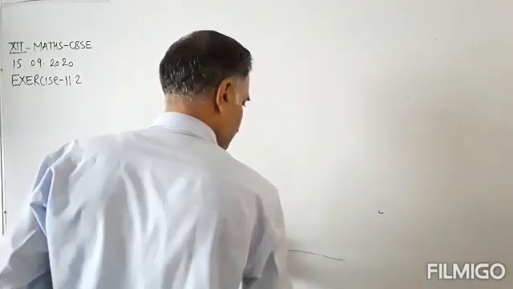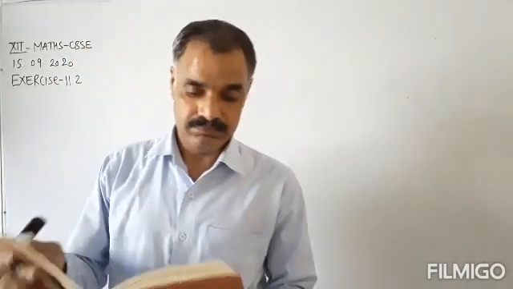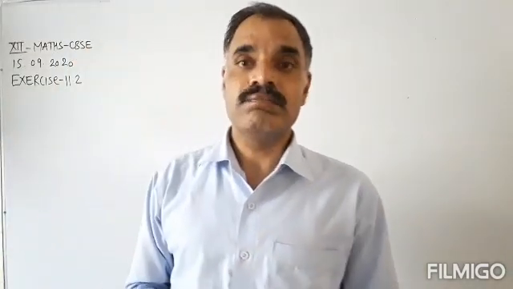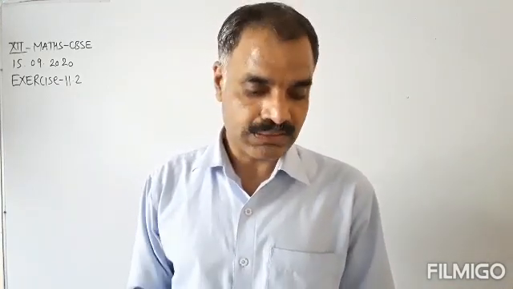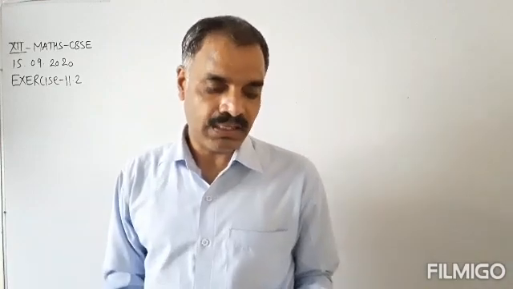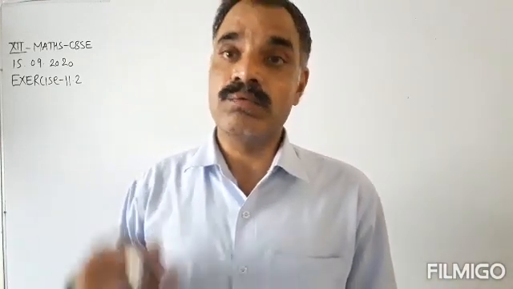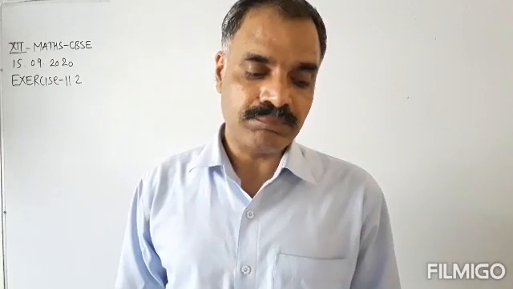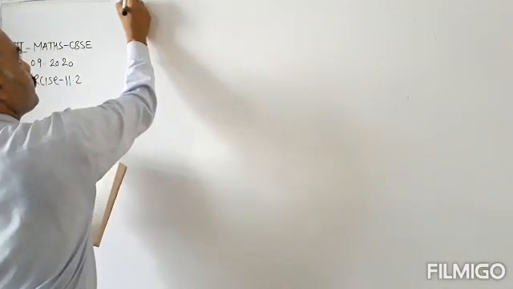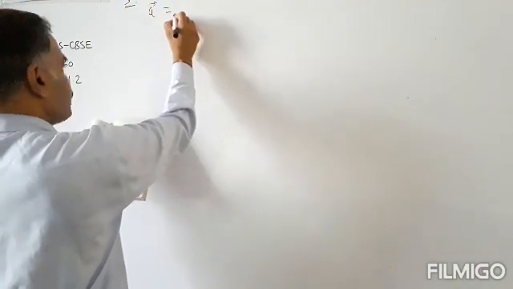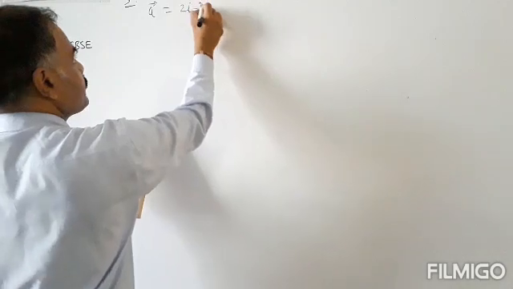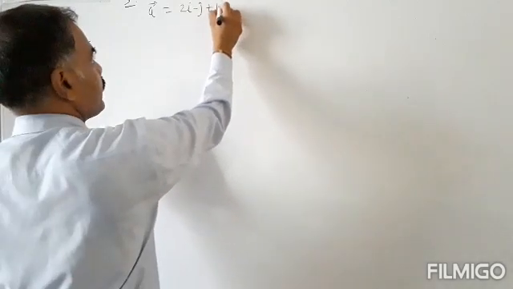Now we will have another question, question number 5. We will solve the questions continuously for this exercise. Find the equation of the line in vector and in Cartesian form both, which passes through the point with position vector a vector 2i cap minus j cap plus 4k cap.